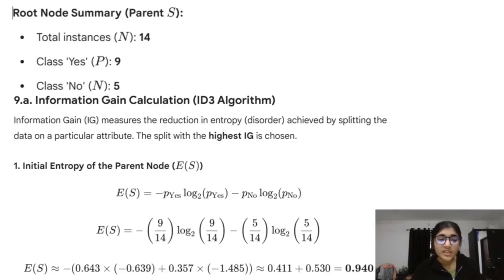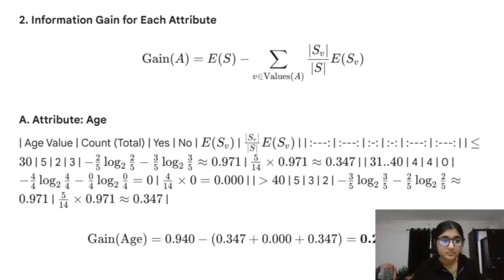In the first part, information gain calculation, that is the ID3 algorithm. Information gain measures the reduction in entropy achieved by splitting the data on a particular attribute. The split with the highest IG is chosen. The initial entropy of the parent node, E(S), is calculated, which comes out to be approximately 0.940 bits.